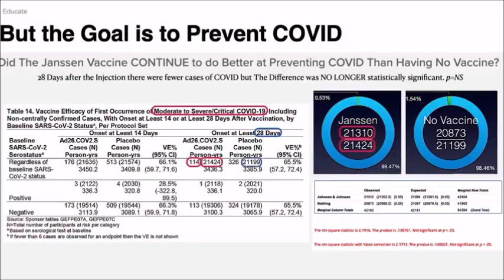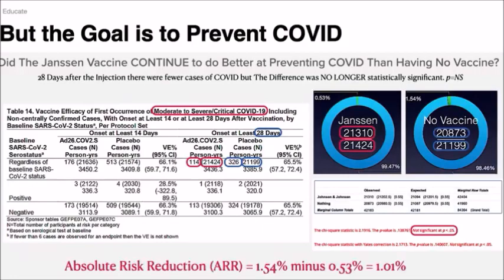The non-vaccinated group, there were 21,199, 326 diagnosed with COVID, 20,873. No longer statistically different. 2 weeks later, gone. Okay?